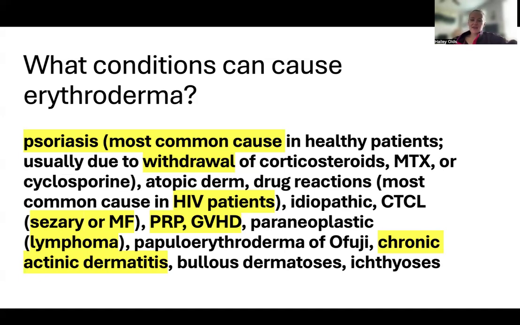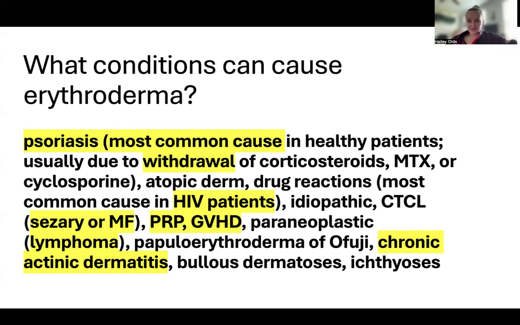I think if we're talking ID SCALP, the I is idiopathic, D is drug, S is subderm, I want to say. C is contact dermatitis or CTCL. A is atopic derm. L is lymphoma. And then P is psoriasis or PRP.